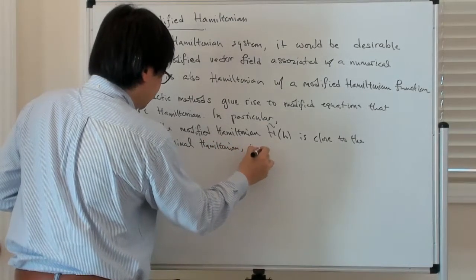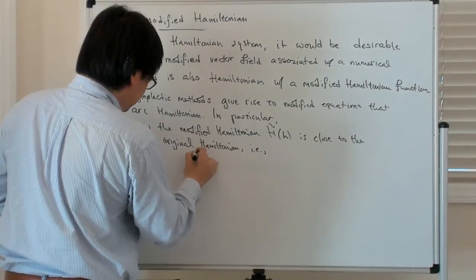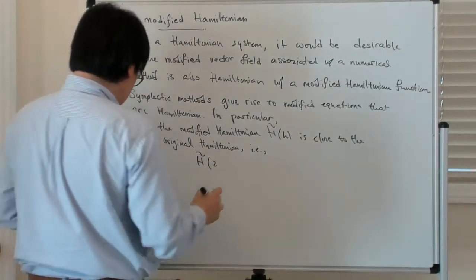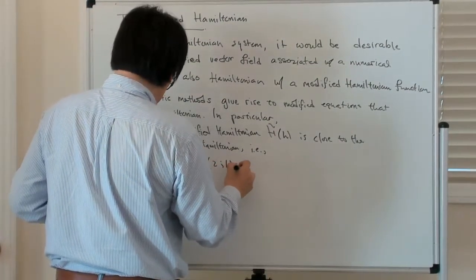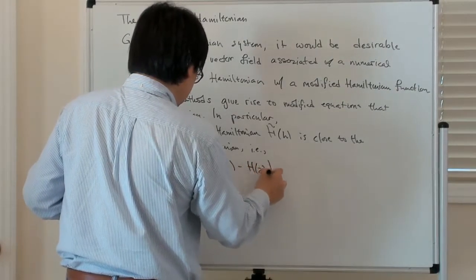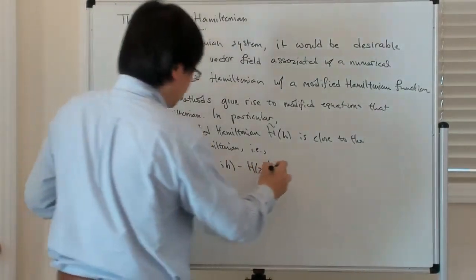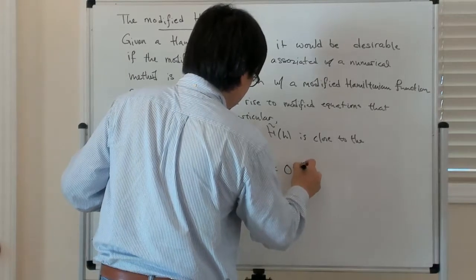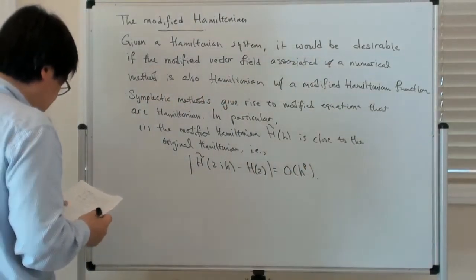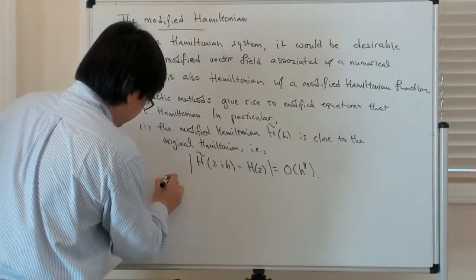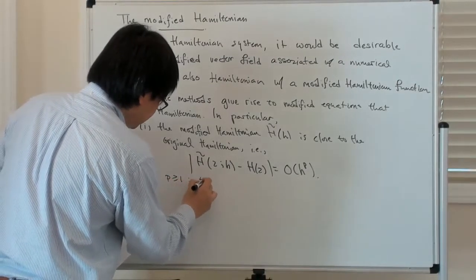Which is to say that h tilde evaluated at z, as a function of h, minus H(z) in some norm is big O of h to the p, where p greater than or equal to 1 is the order of the method.